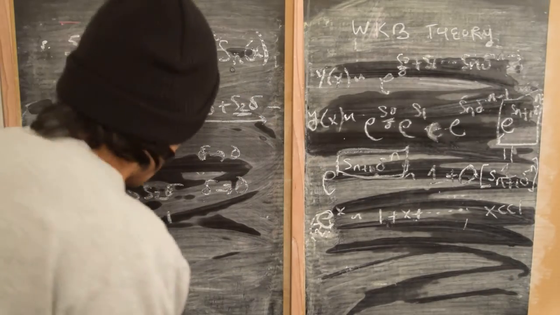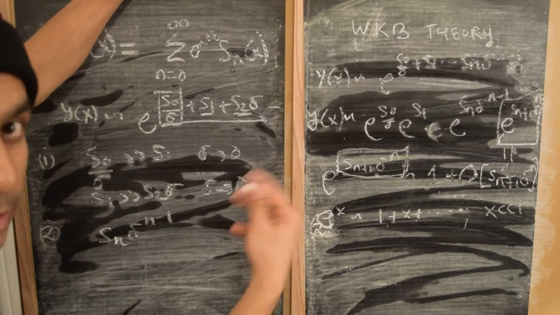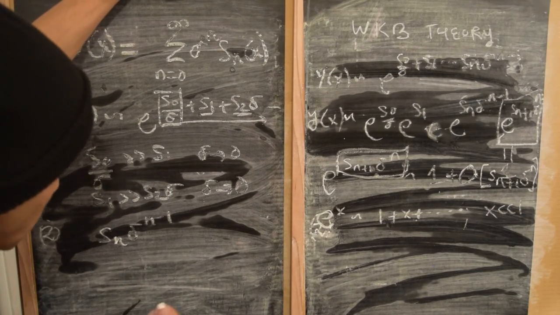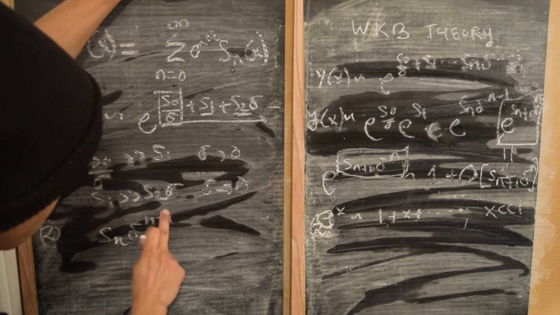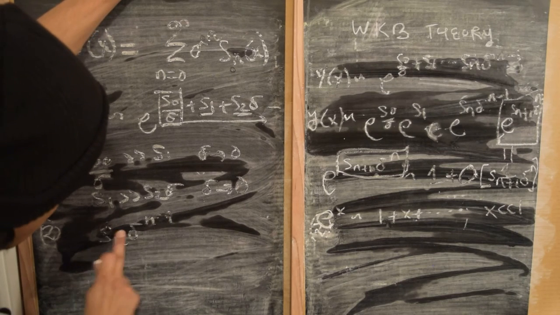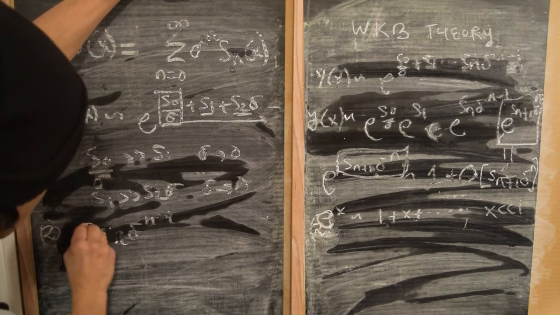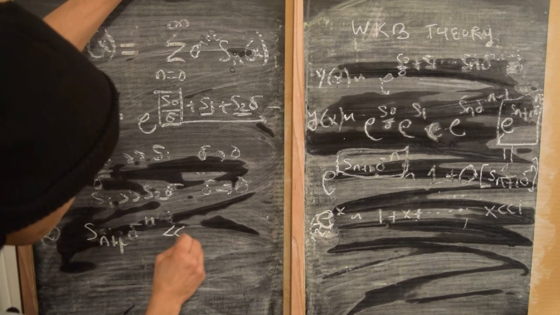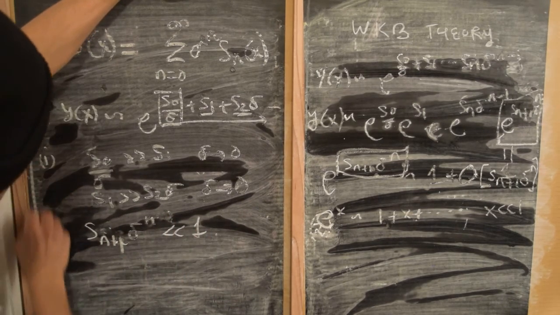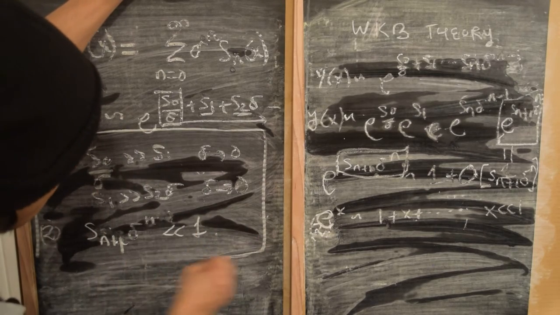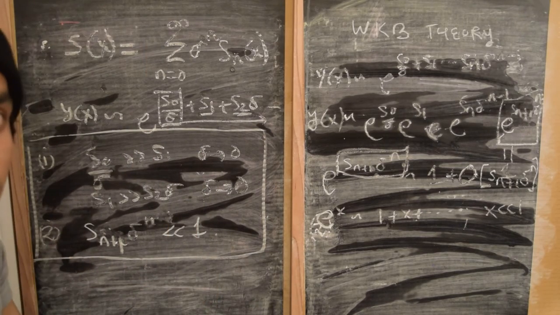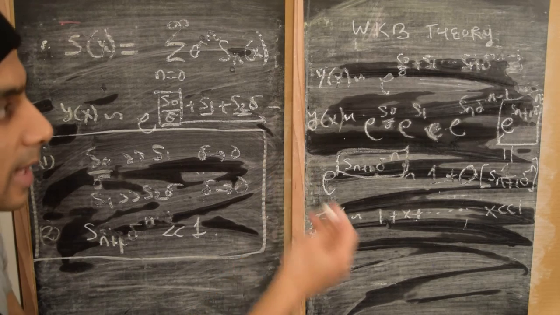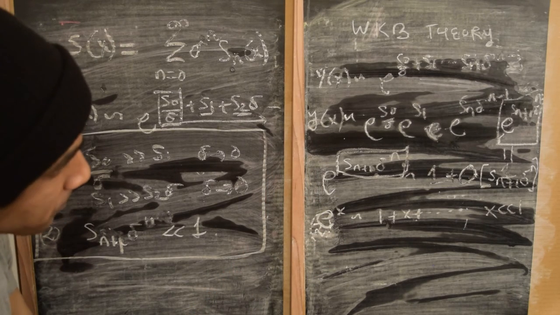So that's the other criterion we must impose, that S n plus 1 times delta to the power of n be much less than 1. So these are the two conditions that we impose on this series expansion when we are making this ansatz and plugging it into our solution.